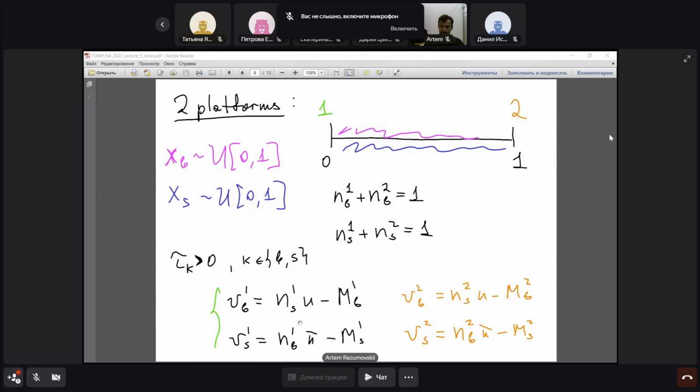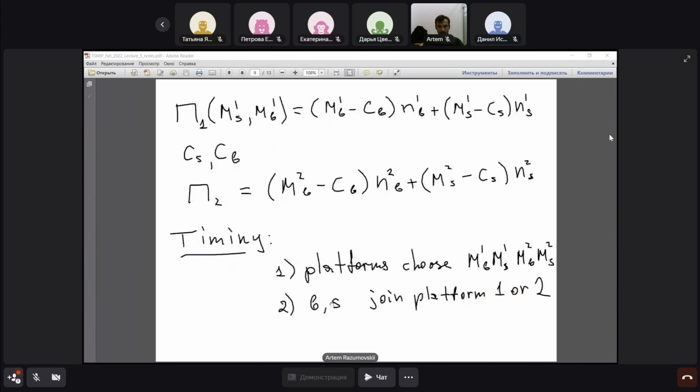We started from utilities, which depend on the number of agents on the other side and on the price. Then we have transaction cost as well. Then we consider the profit of the platform, and the timing: firstly, prices are chosen simultaneously by the platforms. Then buyers and sellers decide to join platform one or two.